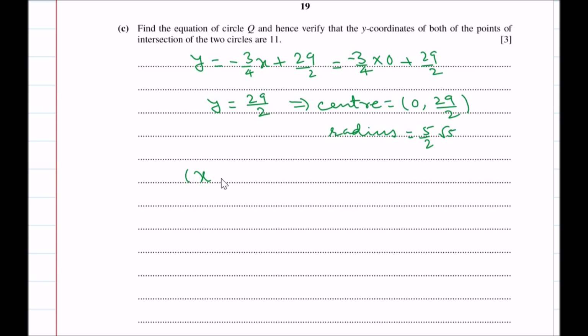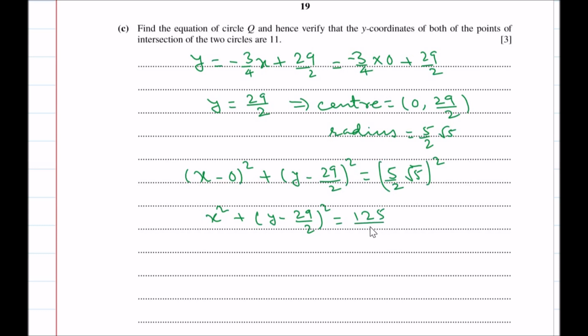What is the x coordinate? 0. x minus 0 whole square plus y minus 29 by 2 whole square, and that is equal to 5 by 2 root 5 square, radius square. So we get x square plus y minus 29 by 2 square equal to 125 by 4. So this is the equation.